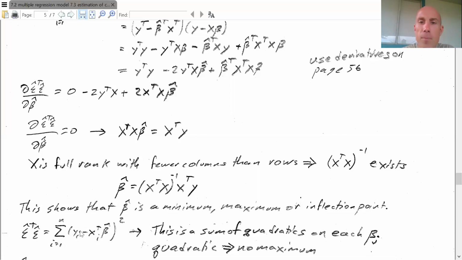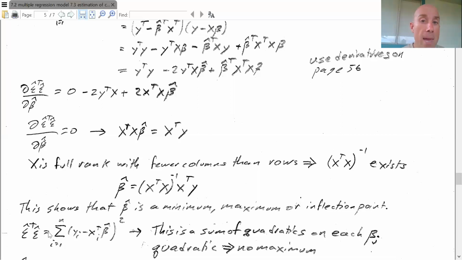Well, if I think about that, since I'm adding up a bunch of things that are positive or zero, it always has to be a non-negative number. And I can have those betas keep on going far out to the left or right, so I can increase each of those individual quadratics. That tells me that I could keep on getting the magnitude of this thing bigger and bigger and bigger, however big I want.